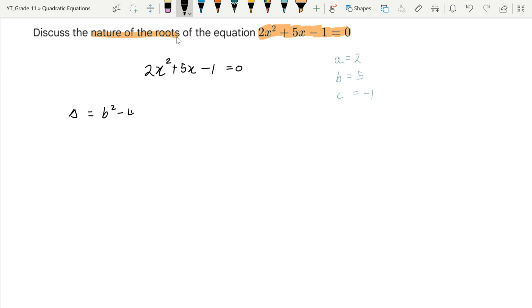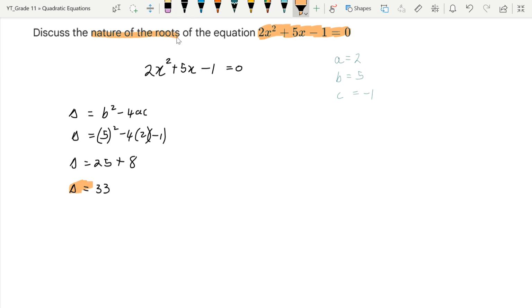B squared minus 4ac. So delta would be equal to b squared, which is 5 squared, minus 4 times a, which is 2, times c, which is negative 1. So that would be 25, and that will give us, I think it's plus 8. Yeah. So delta is equal to 33.